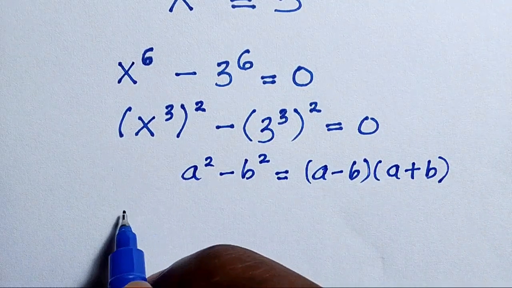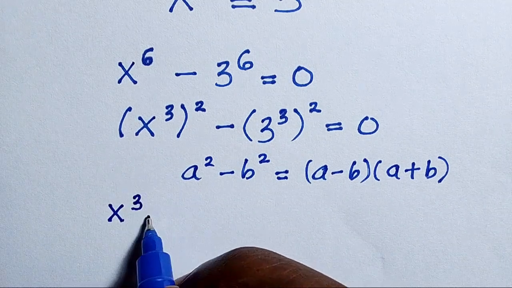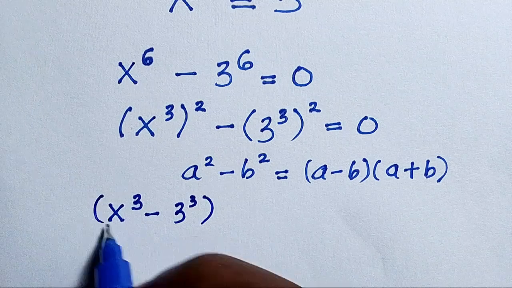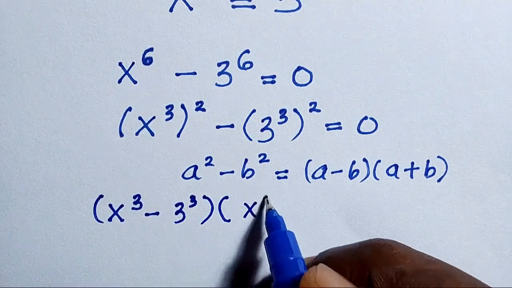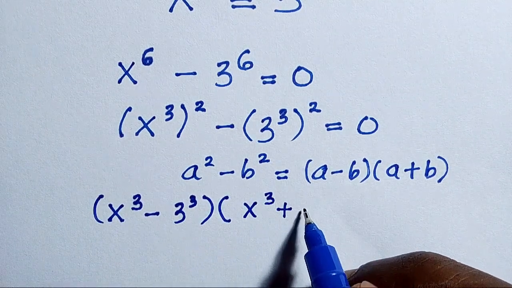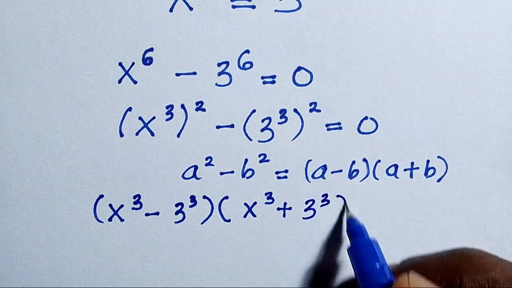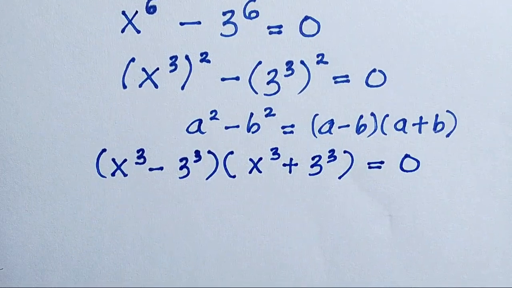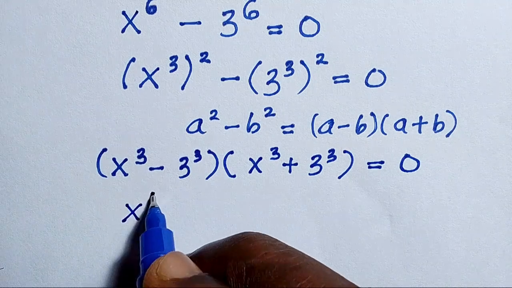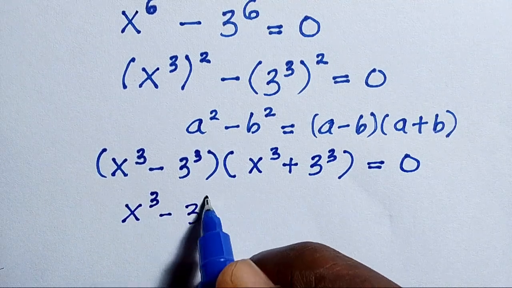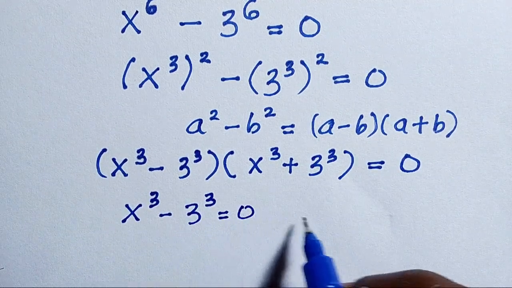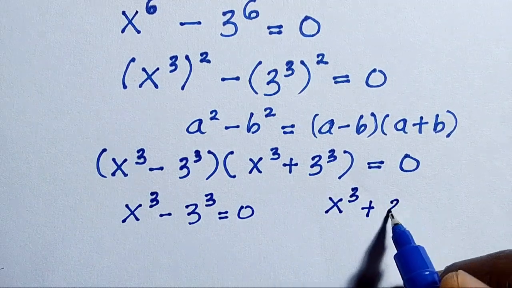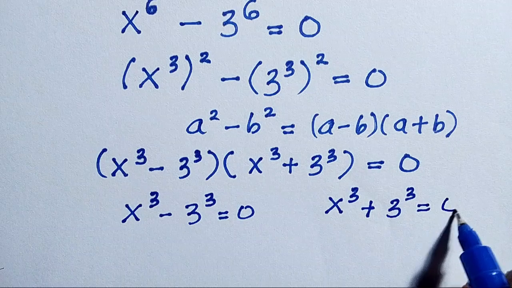So from here, we are going to write this as x to the power of 3 minus 3 to the power of 3, multiplied by x to the power of 3 plus 3 to the power of 3, and everything equals 0. So we let the first one, x to the power of 3 minus 3 to the power of 3, equal 0, and we also let x to the power of 3 plus 3 to the power of 3 equal 0.